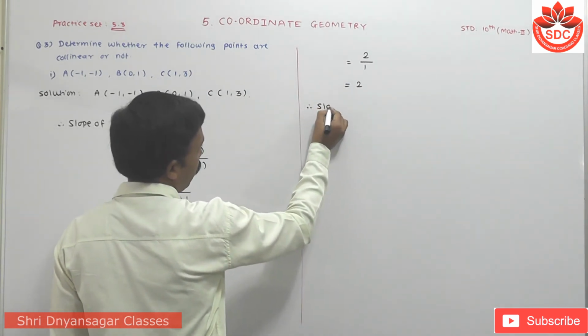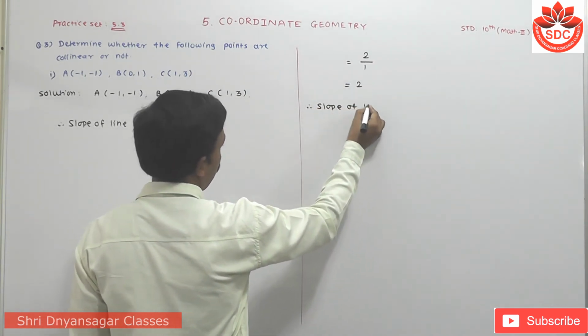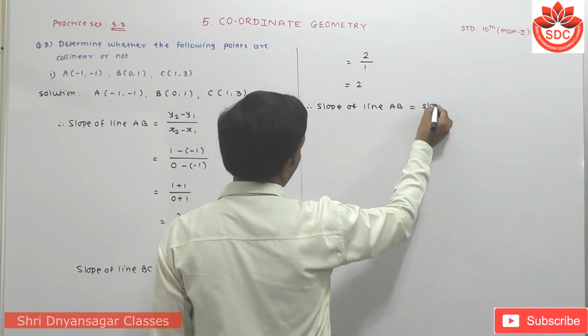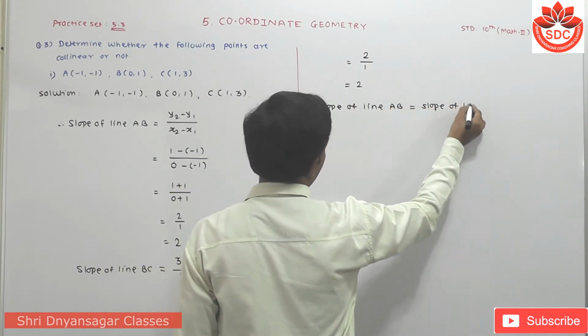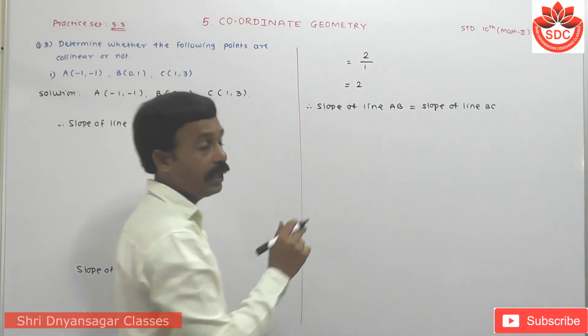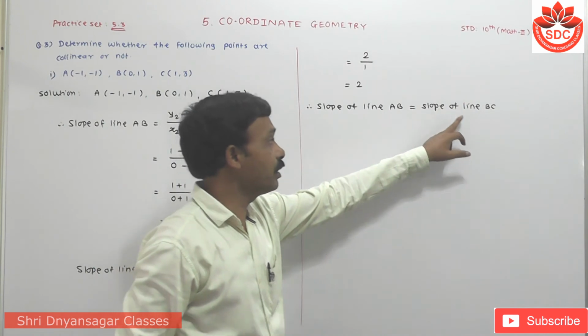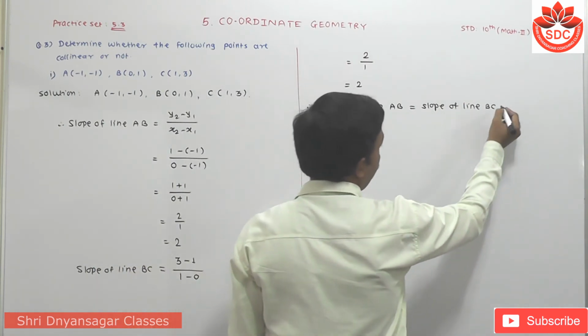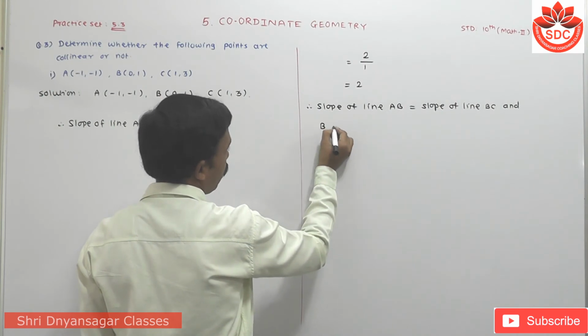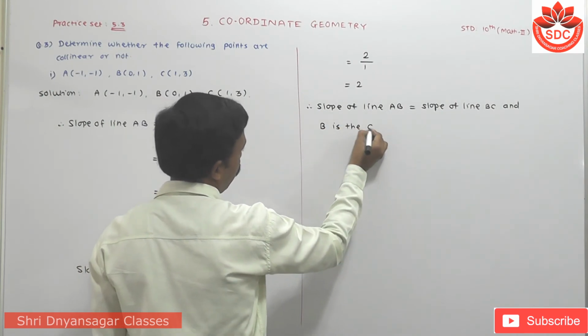Therefore, I have to write here slope of line AB is equal to slope of line BC, and which is the common point here? When we look carefully, B is the common point here.